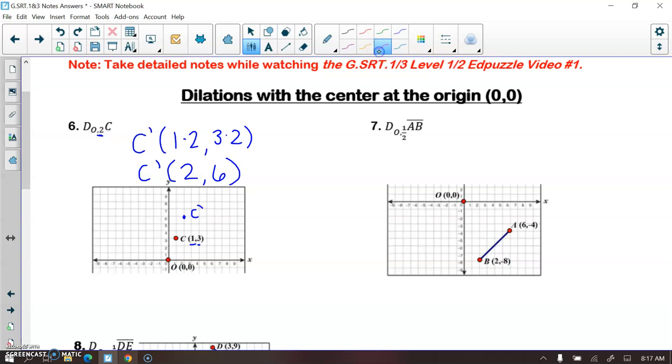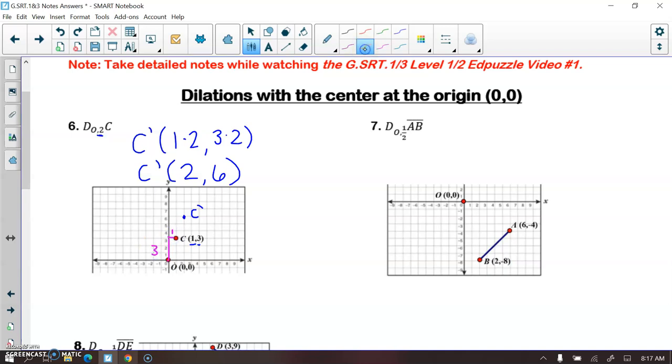And you can choose which method you like best for when we're dealing with the center of dilation at the origin. So what we do is we look at the slope, the rise over the run from the center of dilation to point C. My rise is 3. My run is 1.